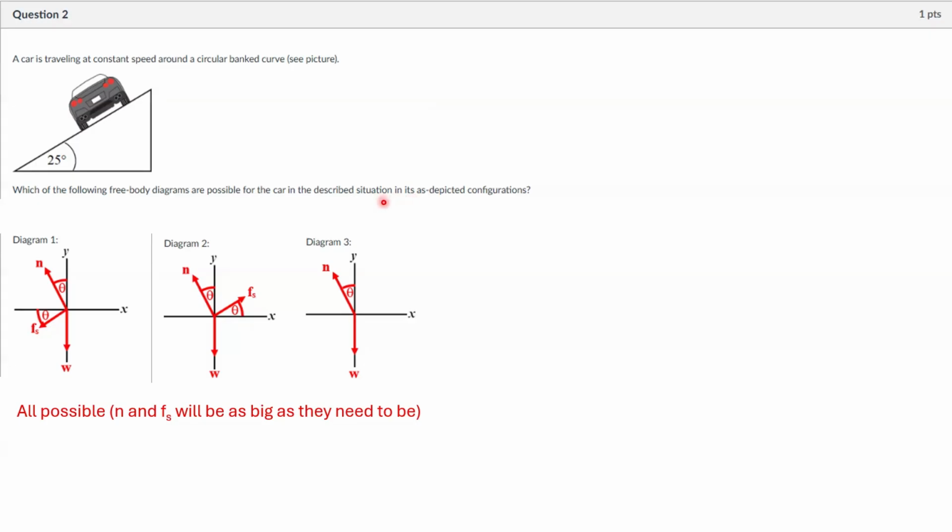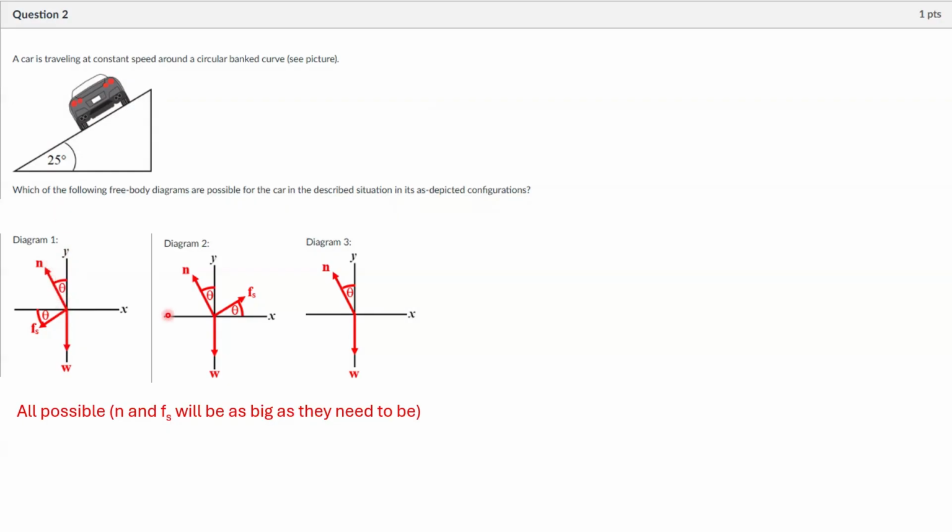Good. So in this case, I draw a circle around the car. I contact only a surface. Surface can give me two contact forces. One has to be perpendicular to the surface. That would be normal. And the other one can be parallel to the surface, either way as needed. If I assume I'm not slipping, then it would be a static friction.